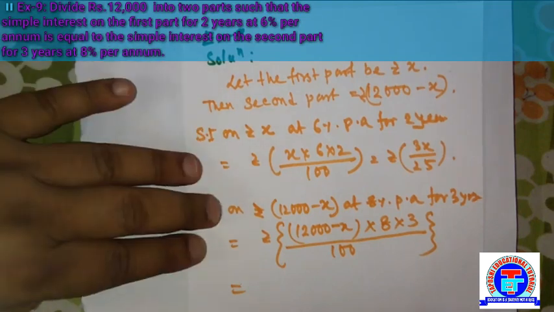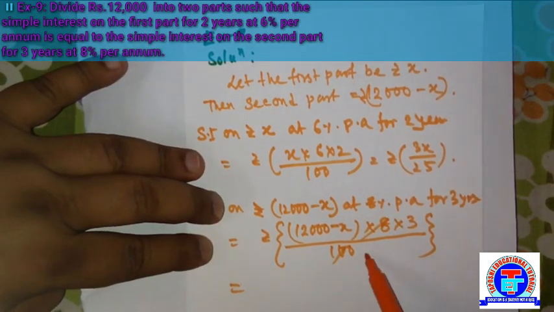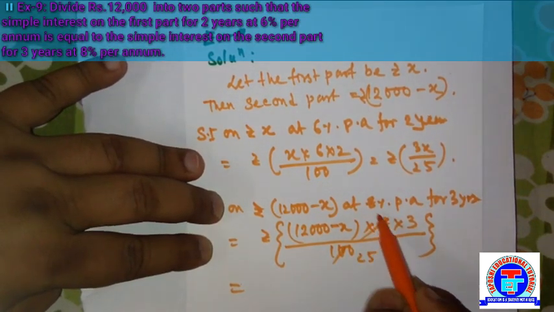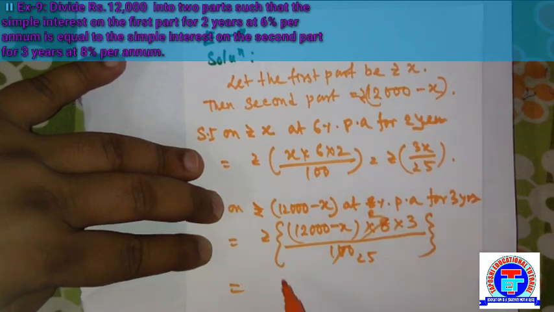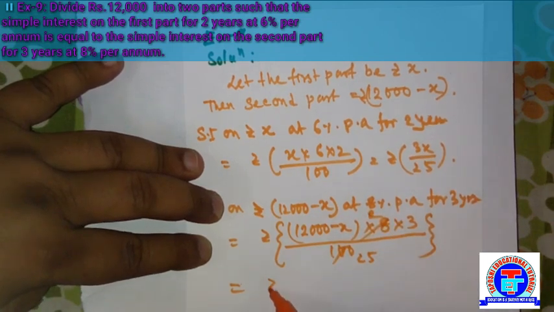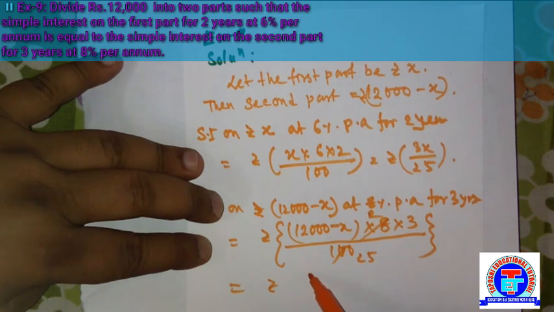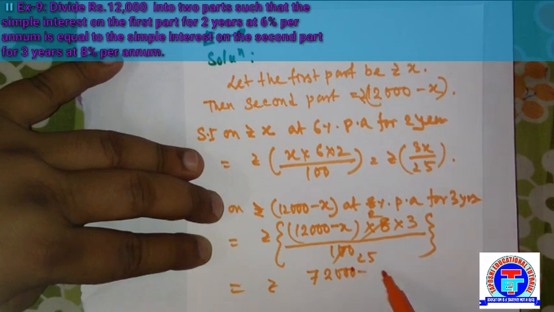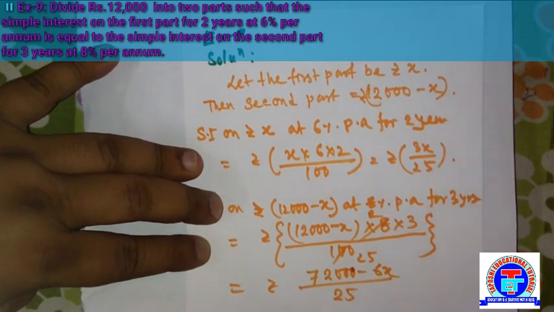And this will become this one 25 and this one 2. Now it will become rupees 72,000 minus 6x divided by 25.